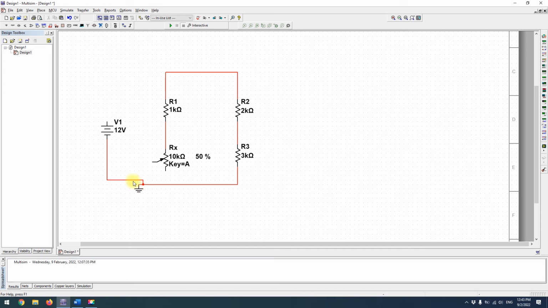Sometimes it takes some time, don't worry, it's the same thing. This one here, should we leave it floating? No, we should actually connect it. Sorry about this.